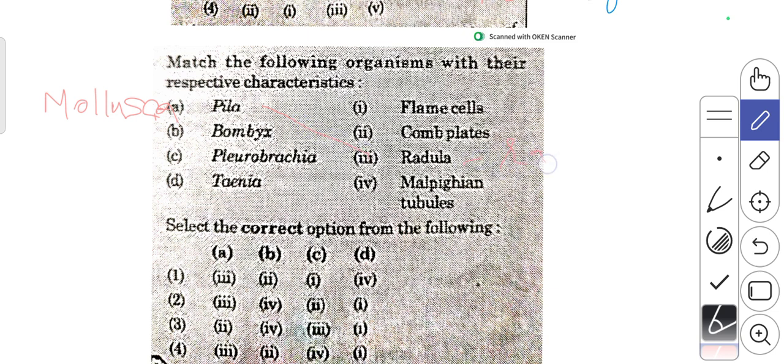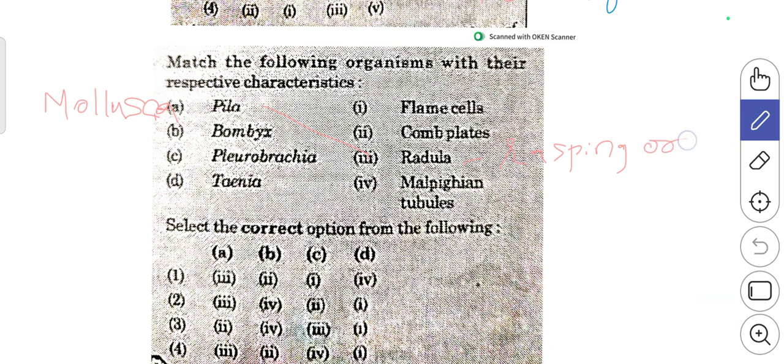It is one of the rasping organs. Then Bombyx, it is from phylum Arthropoda. So Bombyx mori has a special structure, that is Malpighian tubule, the excretory structure in case of arthropods.